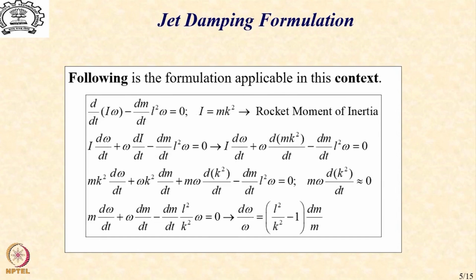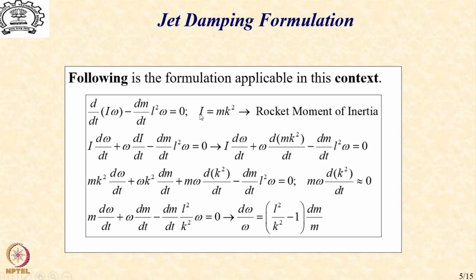So let us start with the angular moment balance equation. So the rate of change of angular momentum I omega is to be balanced by the torque which is applied, and as this torque is in direction opposite to the inertia torque, we have this equation, and as there are no other external moments acting on it, the right hand side is 0.